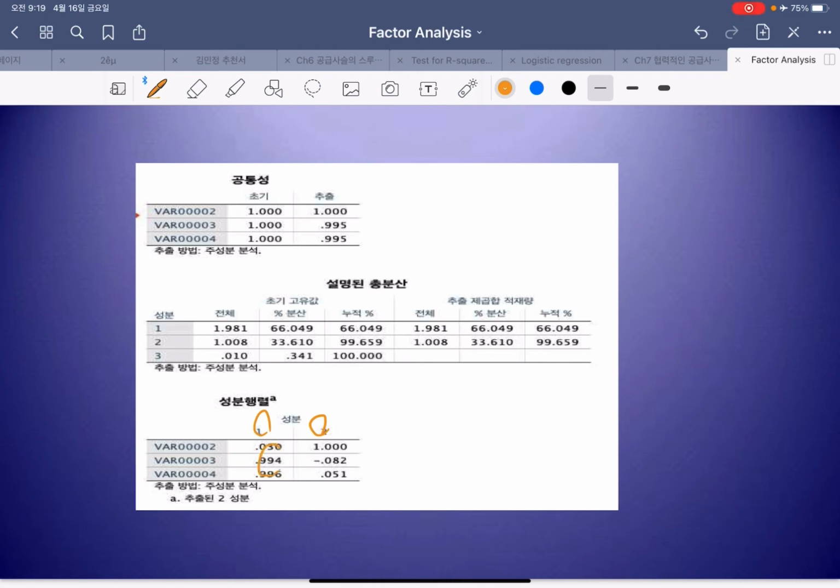And these ones are factor loadings, and these ones are called eigenvalues, right? I'll explain this very soon. And these ones are the percentage of variance explained by factors, right? So let's try to understand this output, right?